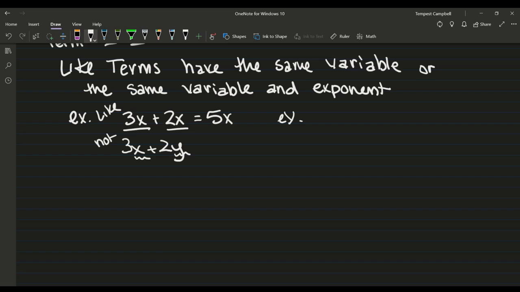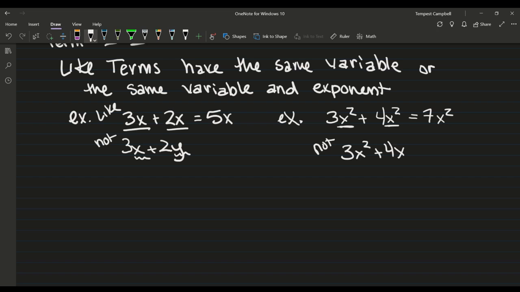Another example would be if we had 3x squared plus 4x squared. These are like terms because they both have x squared. That tells us we have 3x squareds plus 4x squareds. So we have a total of 7x squareds. So those are like terms. A non-example would be if we had 3x squared plus 4x.